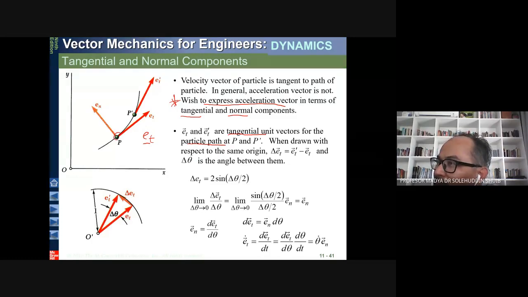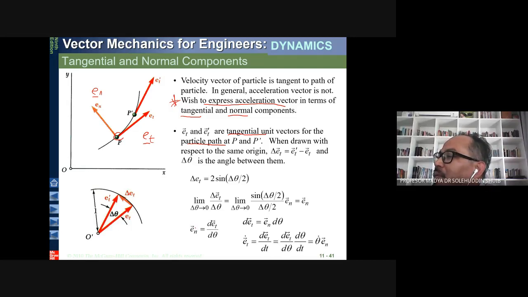For this one, I'm referring to this one. We talk about P first, and then we have the unit normal here, which is perpendicular to this ET. So unit normal, N. How do we define unit normal and unit tangent?